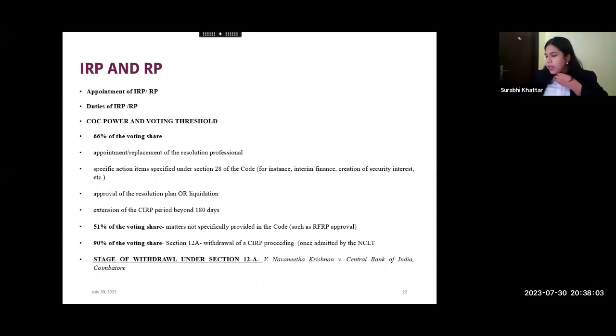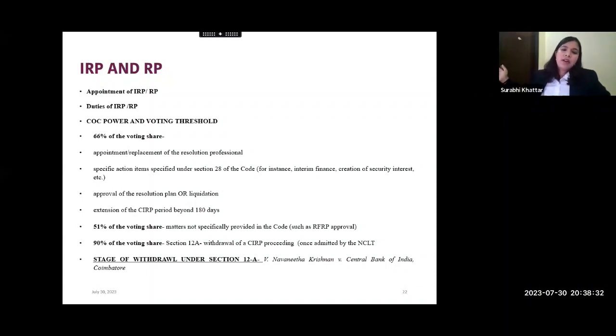The other thing to be kept in mind is that the IRP, once appointed, will take over the charge of the corporate debtor. Its job would include a public announcement calling for claims from various creditors and collation of all those claims. Subsequently, the COC will have a right to appoint. So once the IRP is appointed, it will collate all claims.